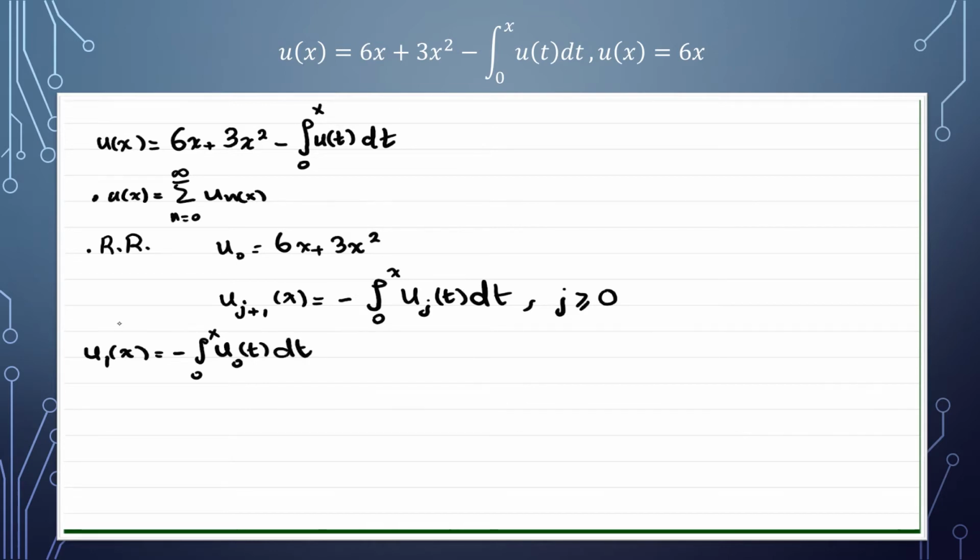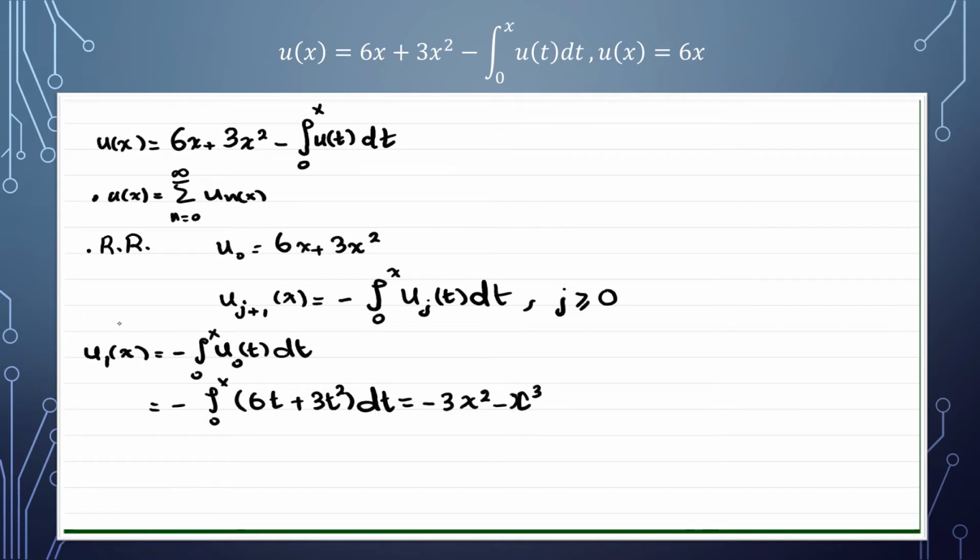Okay, so 6t plus 3t squared dt, and this will give us minus 3x squared minus x cubed.